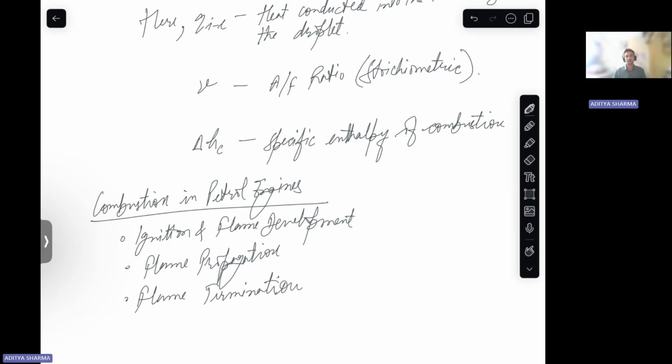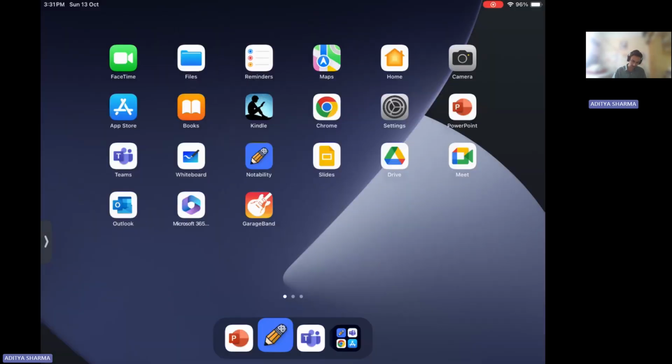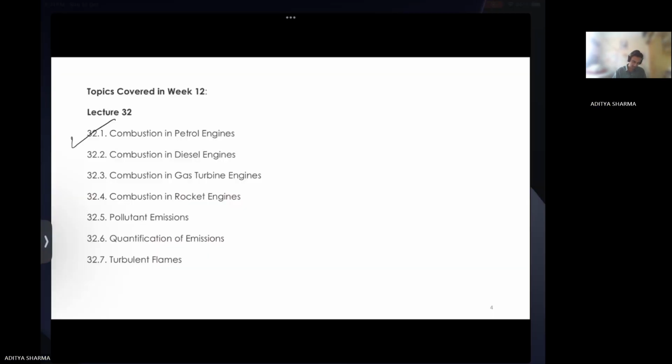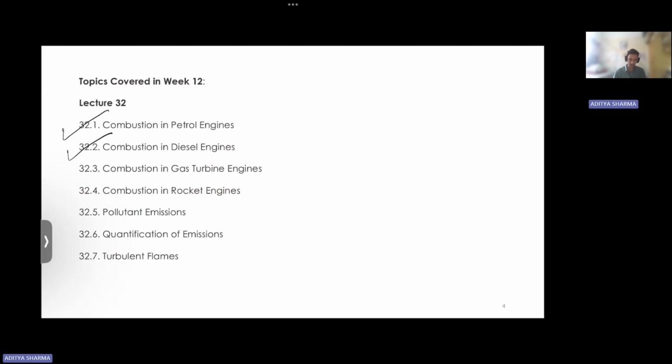Out of these three regions, in the second one, flame propagation, the maximum burning of the fuel takes place. After this topic, we have combustion in diesel engines.